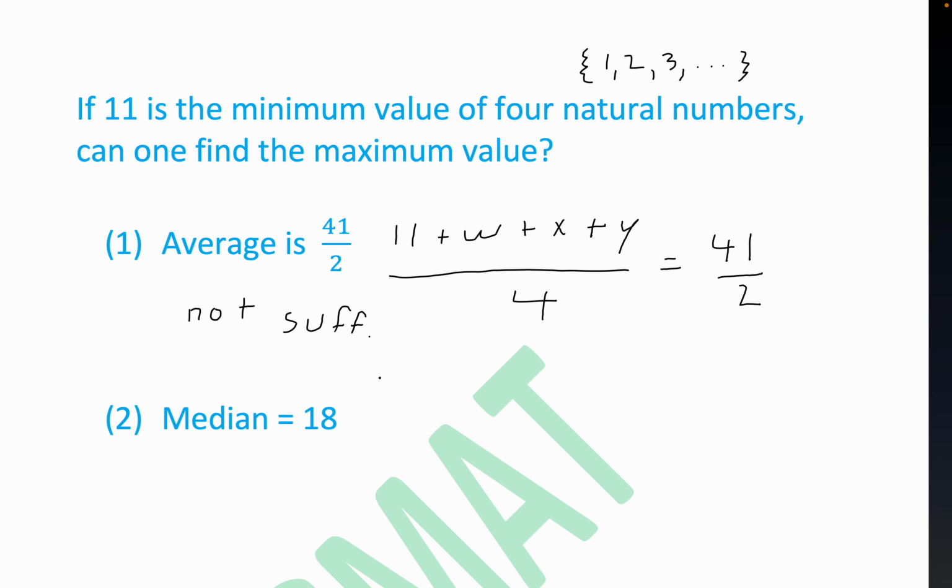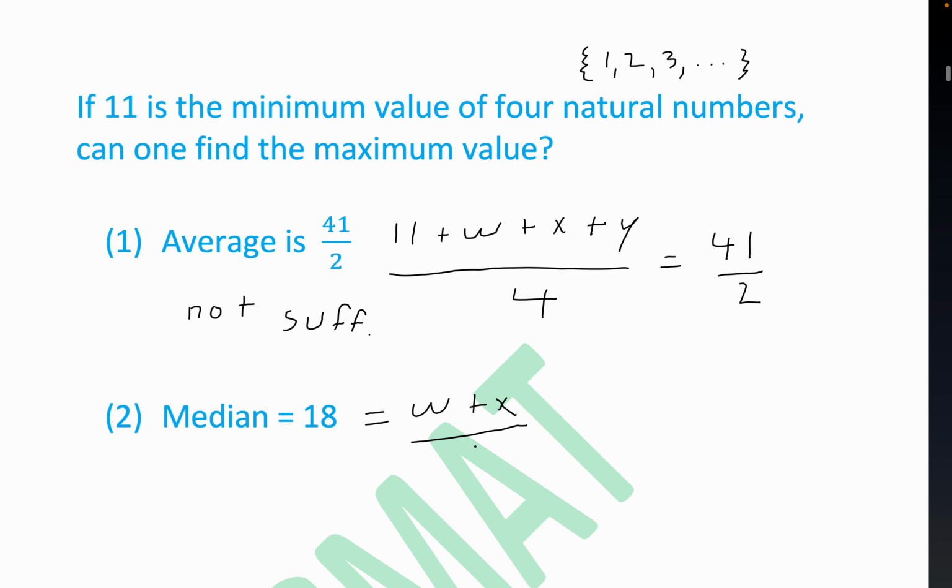Okay, so let's take a look at what this condition 2 might entail. Now the median, for 4 numbers, there's no true median, so you have to average the 2 middle values. So this would imply that 18 is equal to W plus X, over 2.